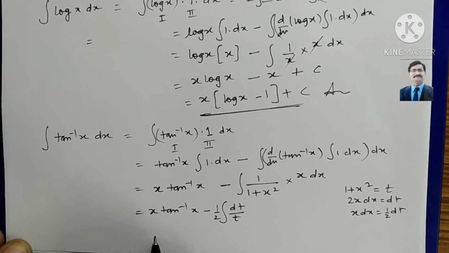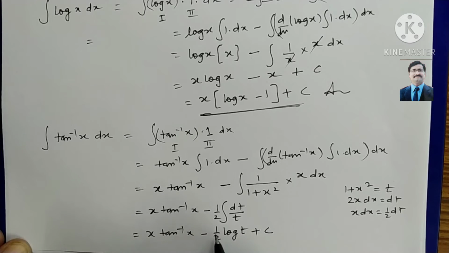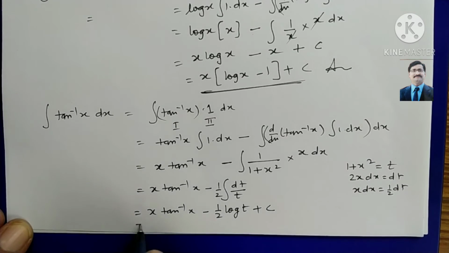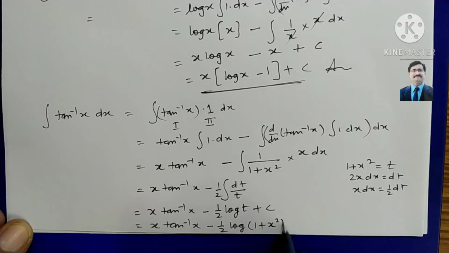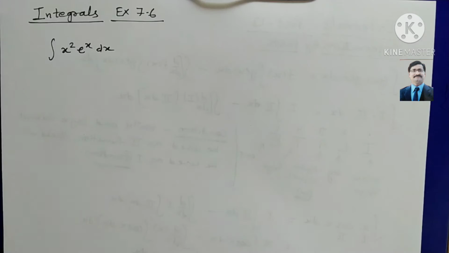So we can write x tan inverse x minus 1 upon 2 log t plus c, and in place of t we put the value again, so we get x tan inverse x minus 1 upon 2 log of (1 plus x square) plus c. This is our answer. All of you understand this?